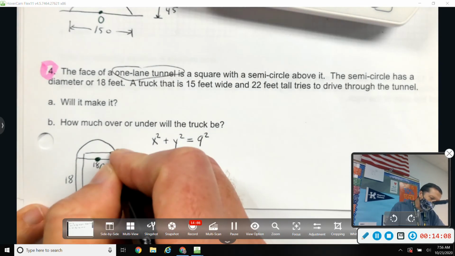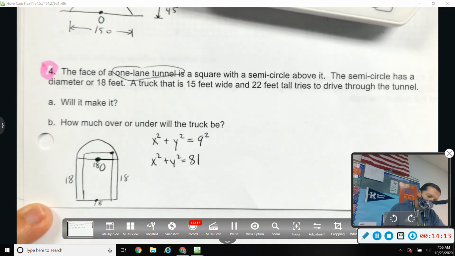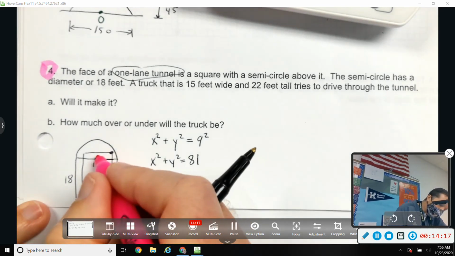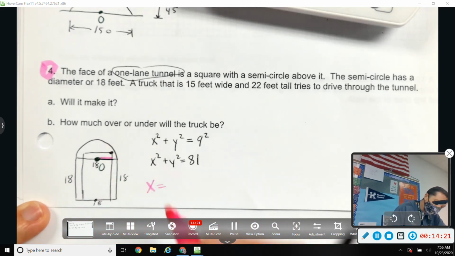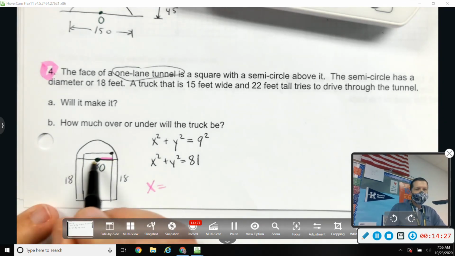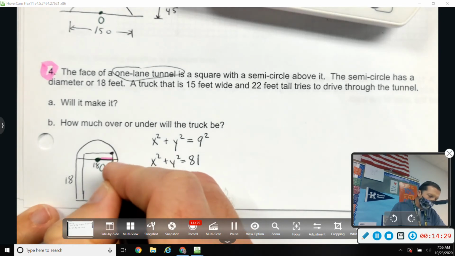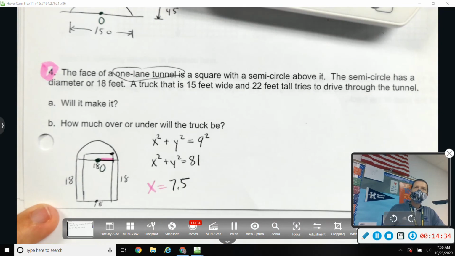What's the x coordinate of that? Can you figure out what the x coordinate is? If the truck is 15 feet wide, and he's going right down the middle, then 7.5, because half.